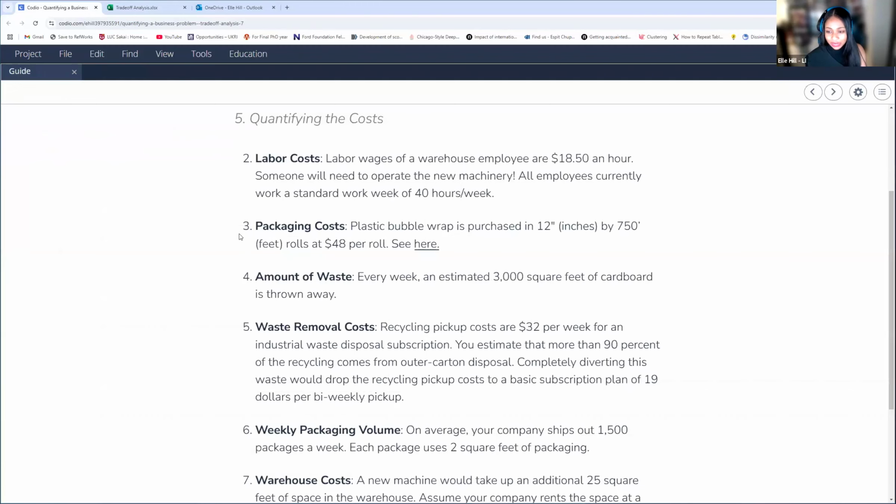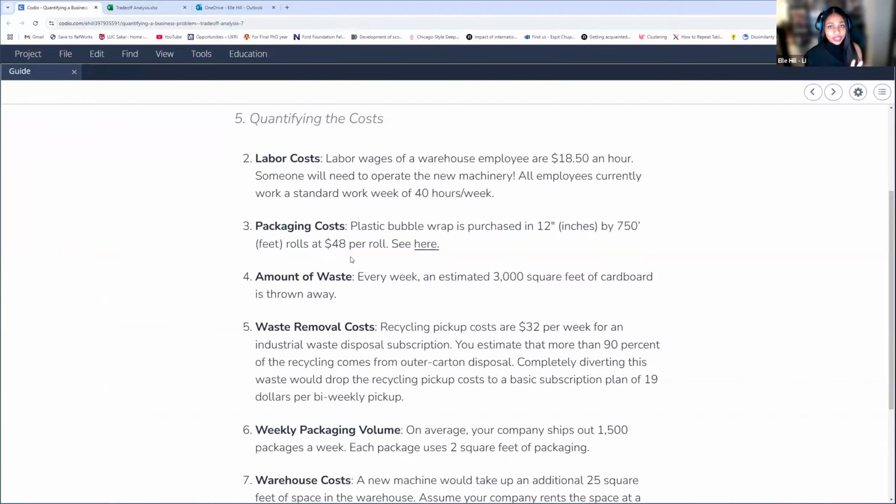Okay. So now we're going to look at packaging costs. So this is what we're doing currently. Plastic bubble wrap is purchased in, so yep, sorry about these, we've got the American notation here, but this is going to be 12 inches, which is also equal to 1 foot, by 750 feet. And that's going to be $48 per roll.